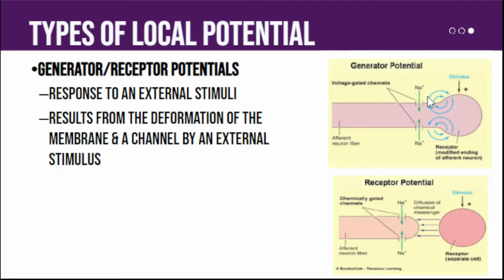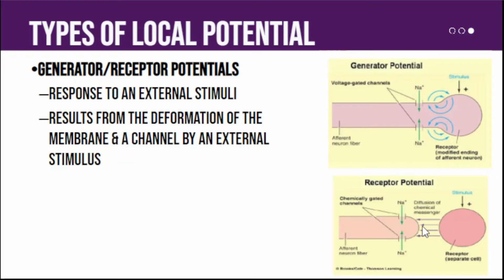Basically, magkadugtong yung sensory receptor and your afferent or sensory nerve. When we say receptor potential naman, as you can see in this image, detached silang dalawa, hindi sila magkadugtong. Pero same pa rin yung principle dito, no? It still has to be deformed. And once it is deformed, pag na-feel na niya yung pressure or touch, it will send chemical messengers again.